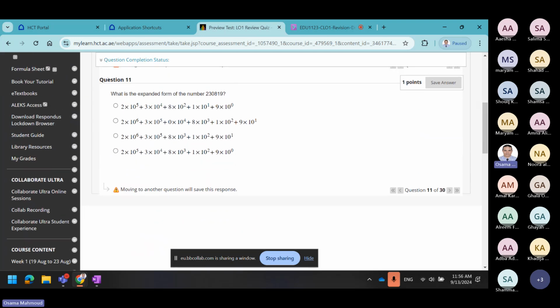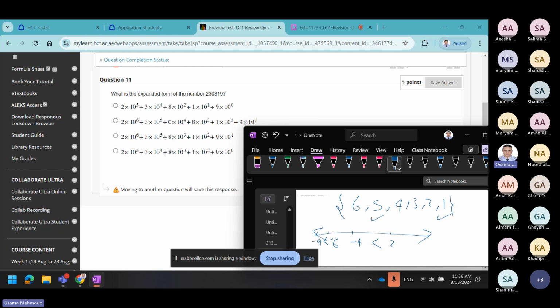Now let's go. This is the prime. Sorry, I forgot this one. I'm just saying the prime factorization. We have something called expanded form. This expanded form, sometimes at the cashier, if you have this number 230819 at the cashier, they have notes with dirham, for example.